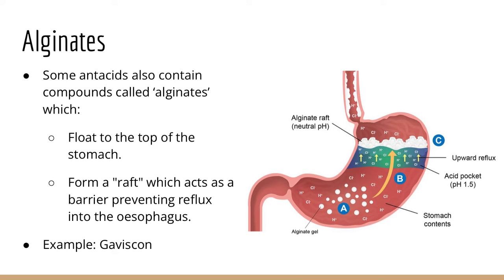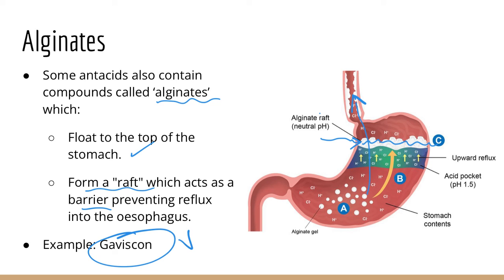Now, some antacids contain something called an alginate, and alginates are really neat. When you take them, they don't look like anything, but when they get into the stomach, they're going to produce this alginate raft. Essentially, it floats to the top of the stomach, and it forms this raft that basically acts as a barrier to prevent any of the acid refluxing back up through the esophagus.